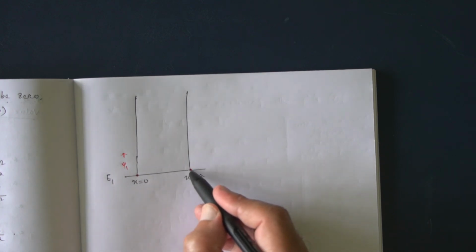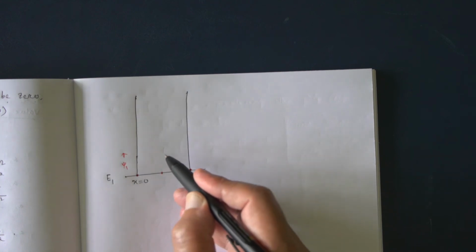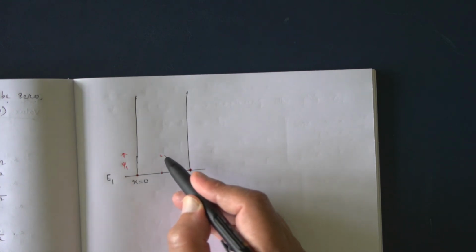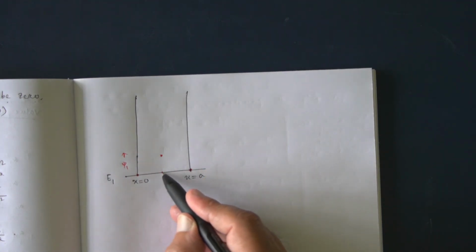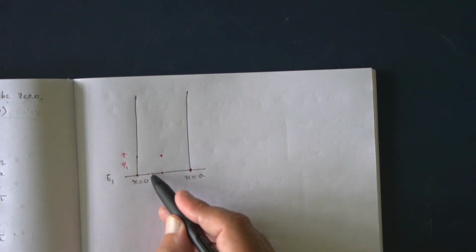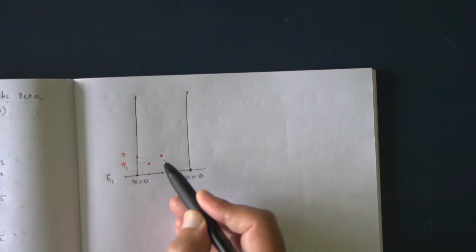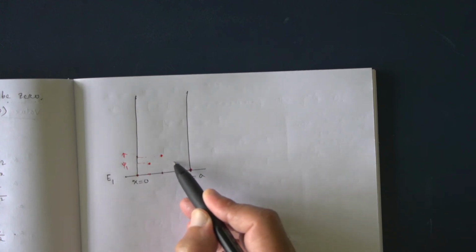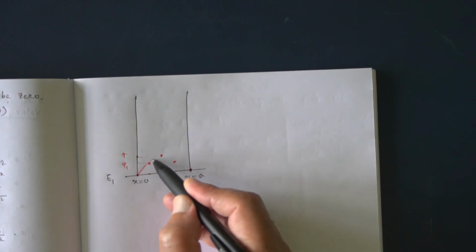So these are the two points. At x equal to a by 2, the midpoint, is the maximum value, 1. At a by 4, the value is about 0.7, somewhere here. Similarly for 3a by 4, maybe this. So the graph will be like this.